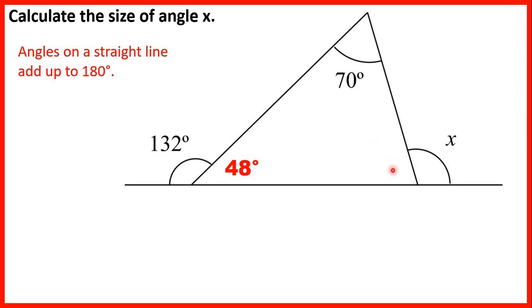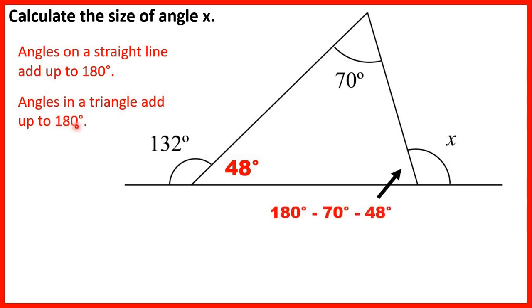Now we can find this angle here if we remember that angles in a triangle add up to 180 degrees as well. So 48 plus 70 plus whatever this angle here is will total 180. So if we subtract 70 and then 48, so subtract 118 altogether from 180, we get 62.